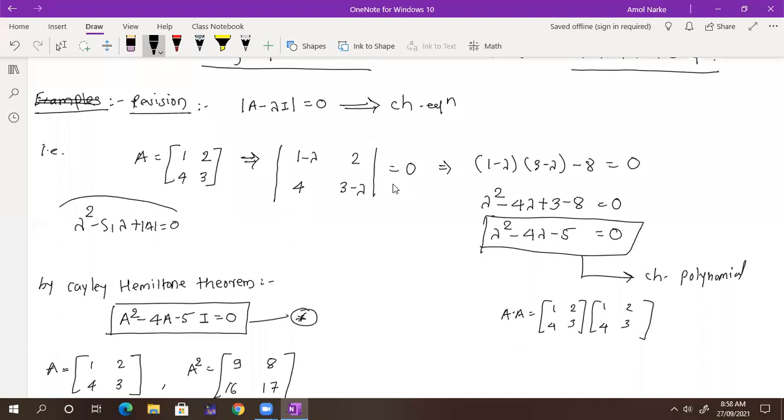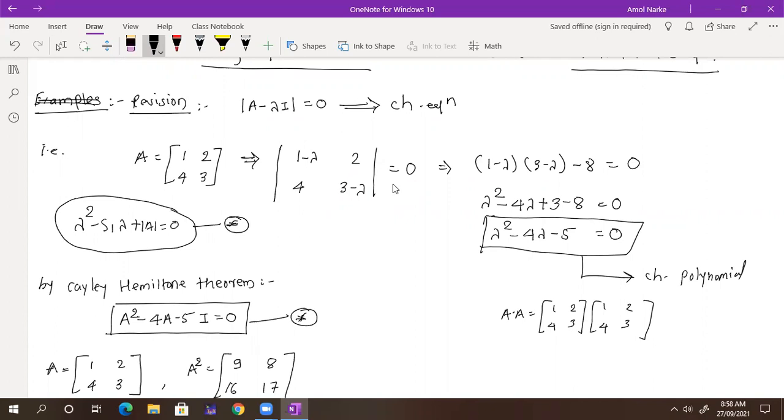Alternate plus or minus sign. S1 is nothing but your trace, the addition of the diagonal, so 4. If I substitute S1 equals 4, so 4 lambda, and determinant 3 minus 8 minus 5, so I am getting minus 2.